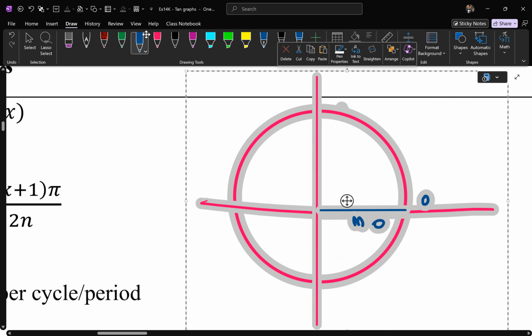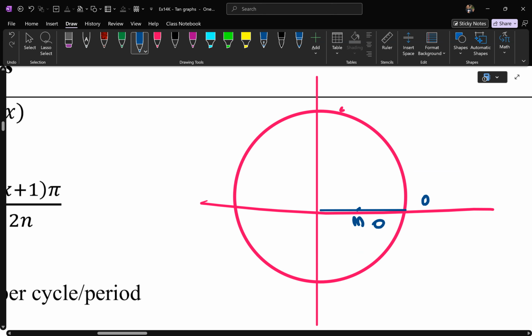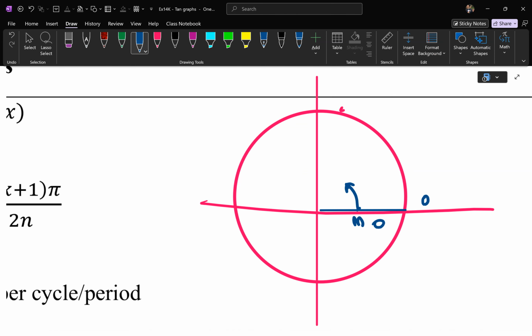As I rotate around the circle, from here, my gradient is positive, but it's increasing and increasing and increasing. The closer I get to 90 degrees, what is my gradient approaching?